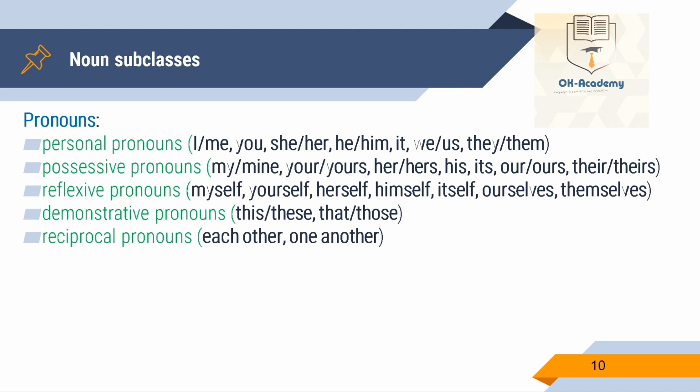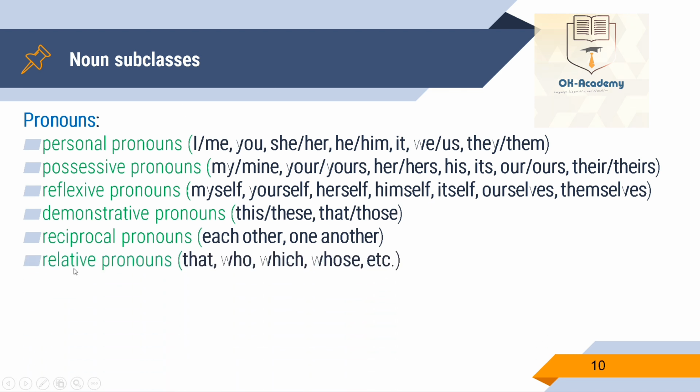And we use one another when we have more than two, for example, the students. The students discussed the lecture among one another. We can say they talked with one another.